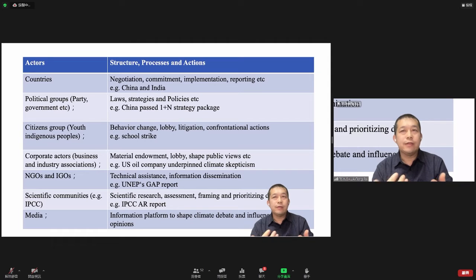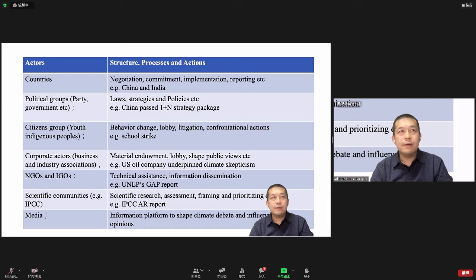And what they can do in this governance structure, they can negotiate with each other on legal text, and they can make commitments through submission of their targets, and they can implement their targets through domestic actions, and they also can implement the international obligations on reporting, update their targets, and so on and so forth.